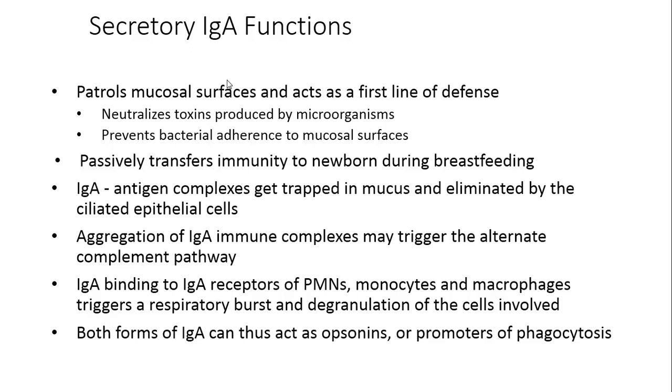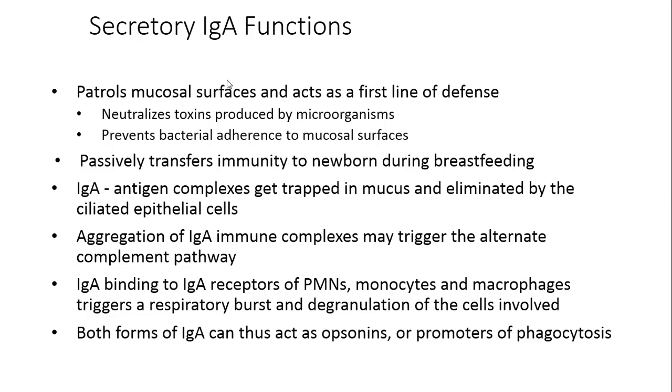We know that it transfers passive immunity to the newborn during breastfeeding. And so it sends some of that gut health from the mother to the infant. IgA also, when it binds, remember it still has that variable region there, and it's produced by plasma cells.